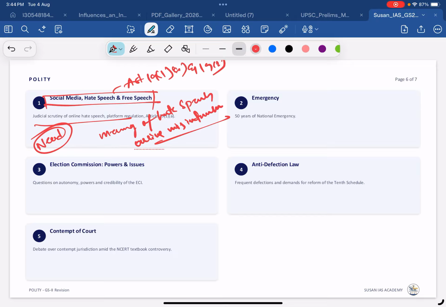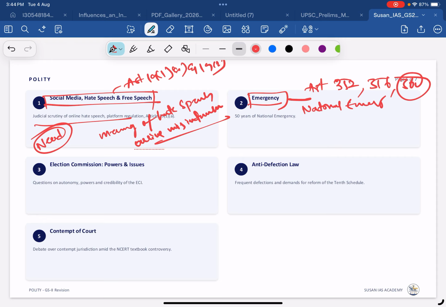And next, another most important topic is emergency. So the articles related to emergency are 352, 356 and 360. So national emergency, right?